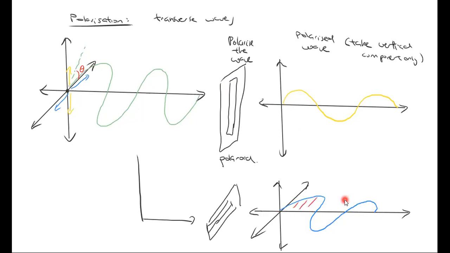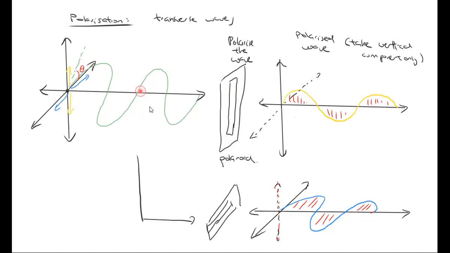Because you guys know from taking components that your component is always going to be smaller than your total, just the way it is. Okay, so that's basically what polarization is at a sort of conceptual level. If you've got a transverse wave with multiple components, you're only taking one component of it. And so, well, that's that.